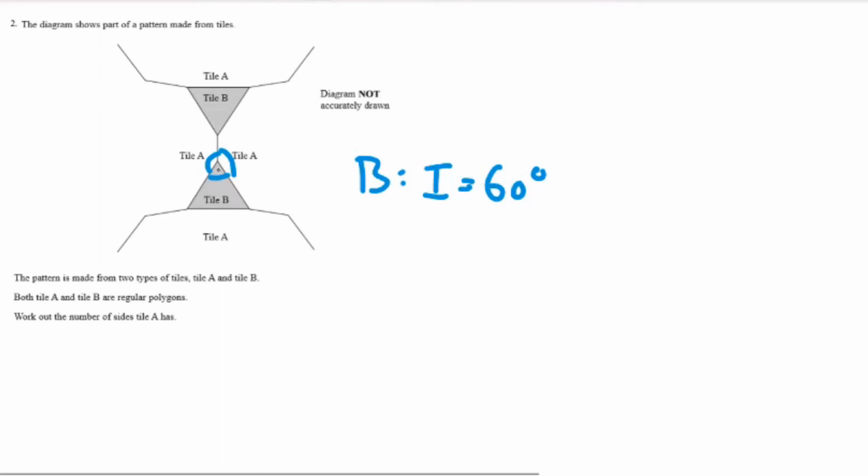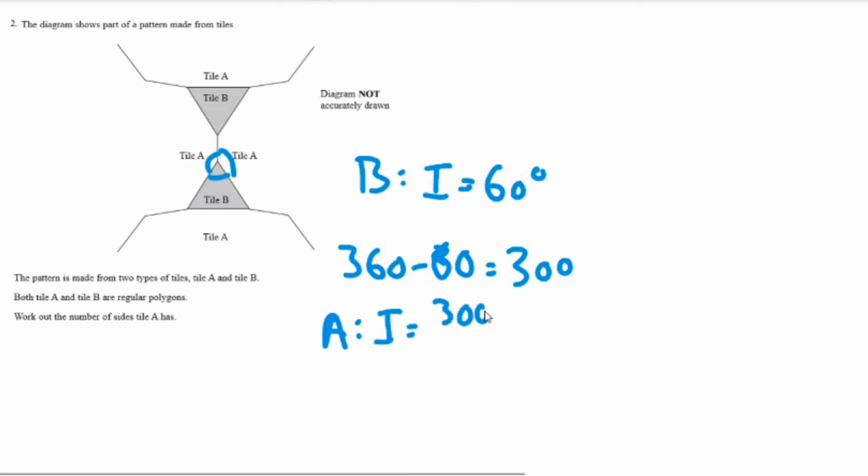So if we've used up 60 degrees here within tile B, the remaining for the 2 A angles is going to be 360 minus that 60 to give you 300. And here we see that's 2 lots of the interior angle of A. So for A, the interior is going to be 300 divided by 2, which gives us 150.